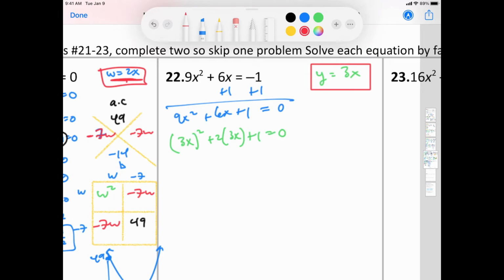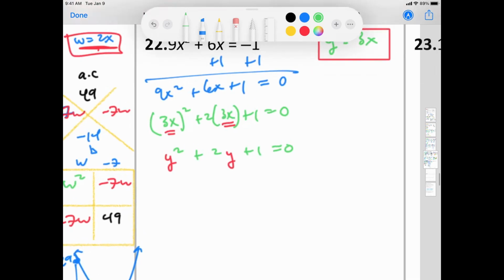Every time I see 3x, I can write y. I see 3x, right? Y. It just makes the problem a lot smaller. Now that one's doable, but I'm just showing you. And again, this only works when you can take out the greatest common factor of the first 2 terms.